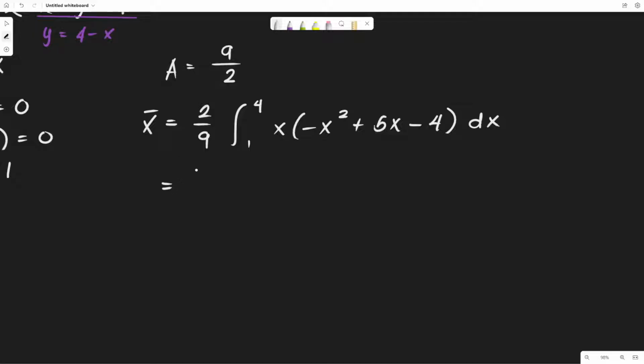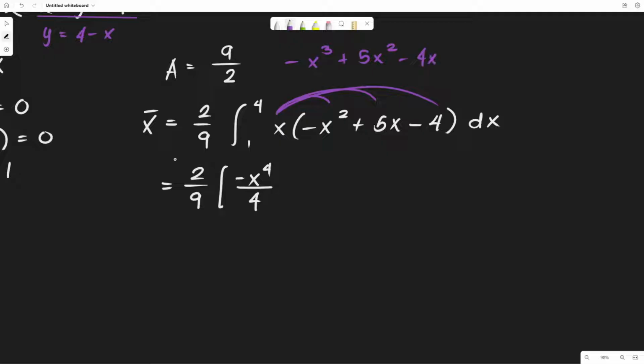So, we have 2 over 9 times, this will become negative x to the 4th over 4. So, this will become x squared. So, plus 1, that is 3. Dinistribute ko na ha. Ayan. So, lalabas dito is negative x cubed plus 5x squared minus 4x.